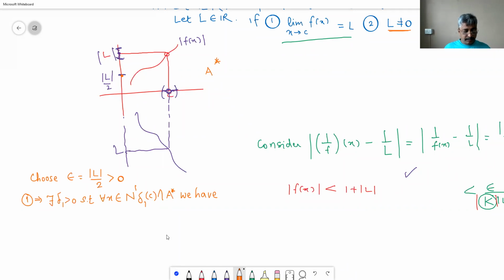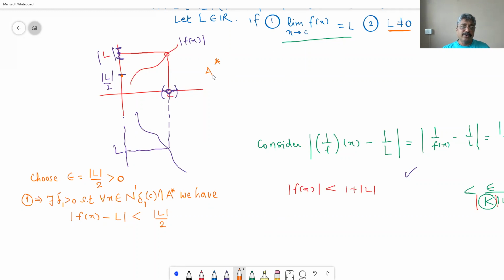For every x belonging to the deleted delta 1 neighborhood of c intersection A star, we have, what do we write here? Mod of f of x minus L is less than epsilon, which is mod L by 2. This is our implication of statement number 1, which is given to us, and I am keeping this discussion a little pending. Basically, we don't want those values of x which make the function 0.